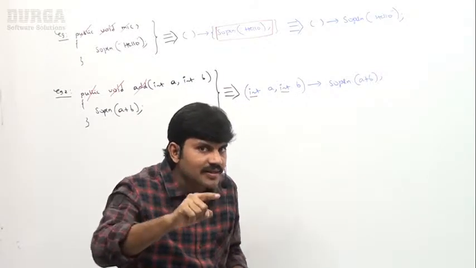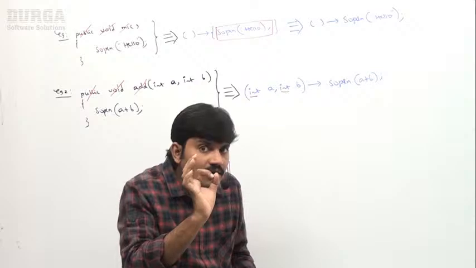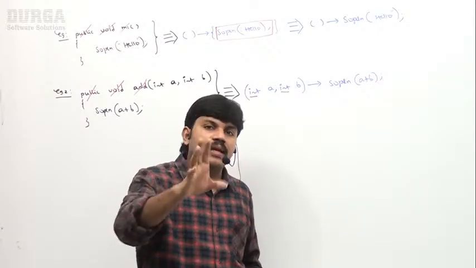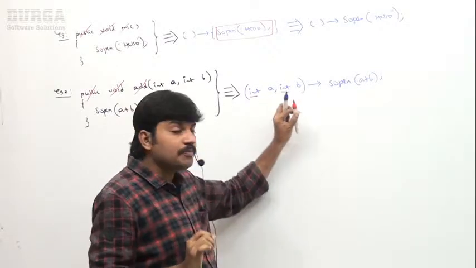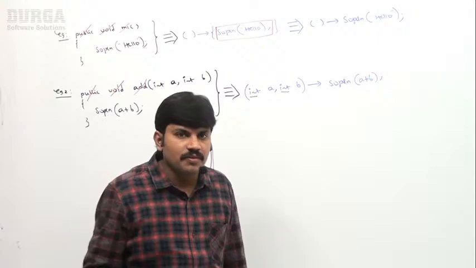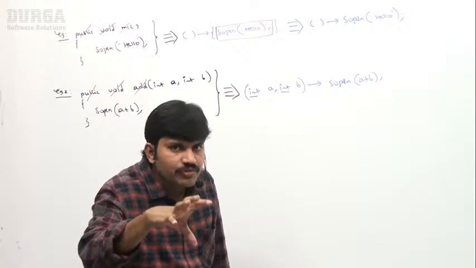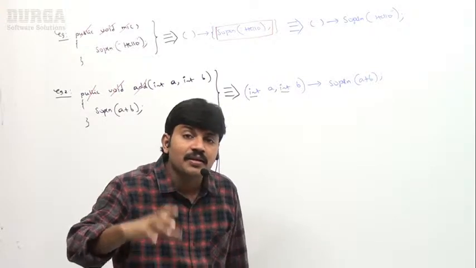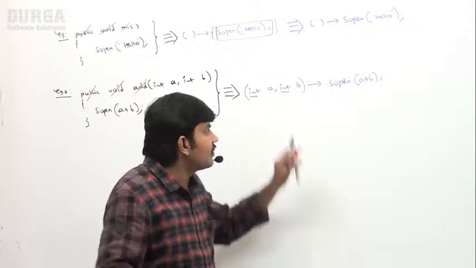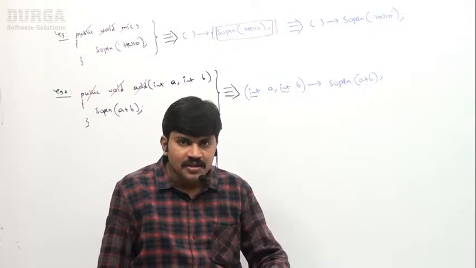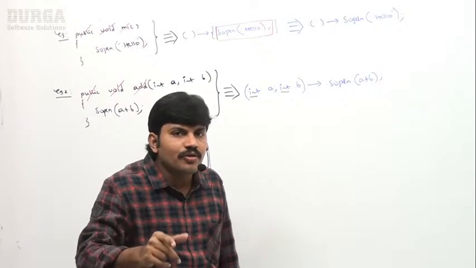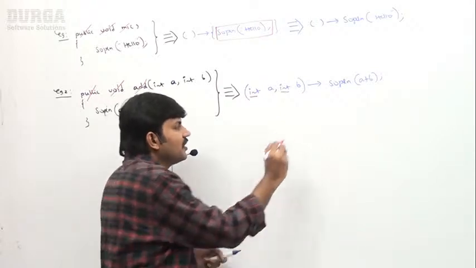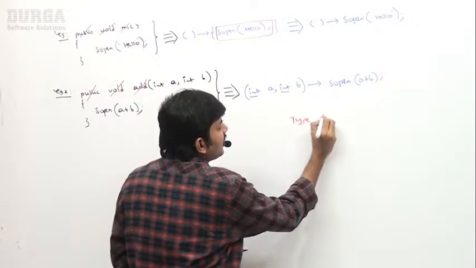Sometimes, based on context, the compiler can guess the types automatically. Remember this one, sir: based on the situation, based on the context, the compiler can guess the types automatically. If the compiler can guess automatically, this property is called type inference.